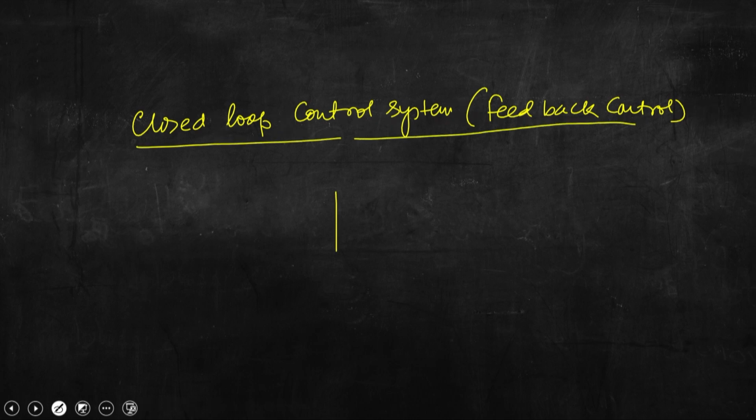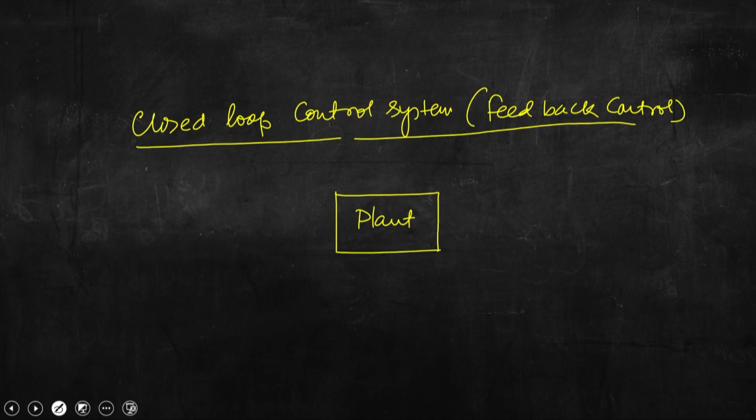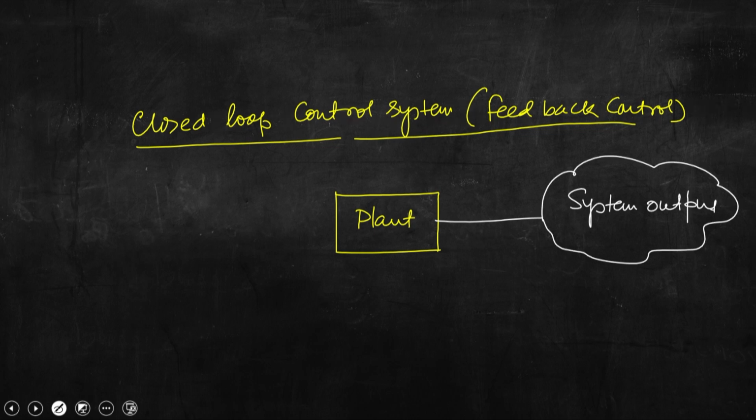So we have the plant and then we have the system output.